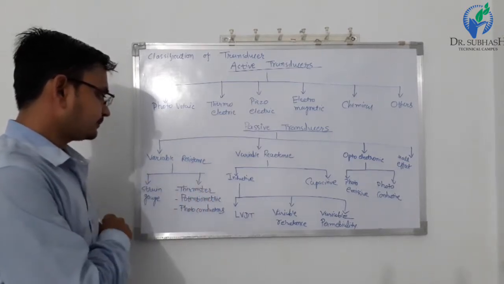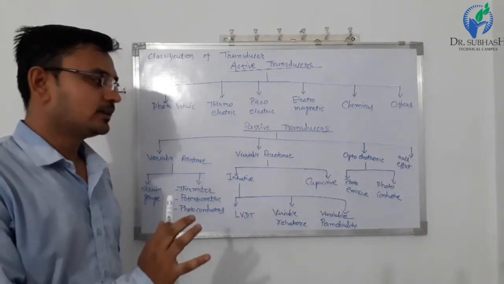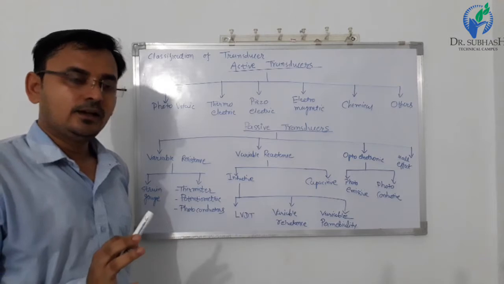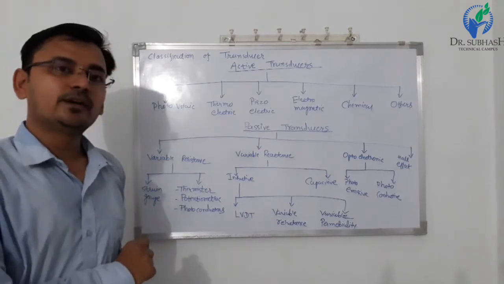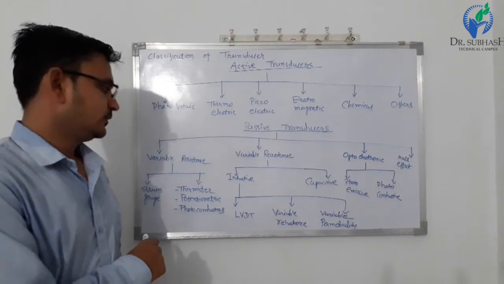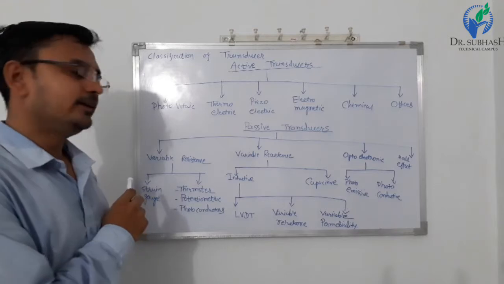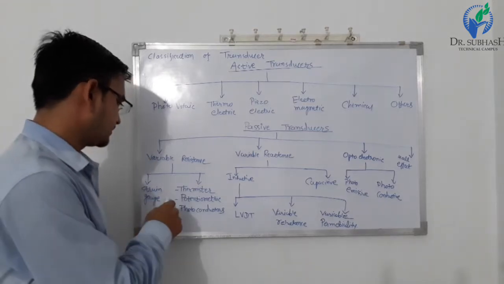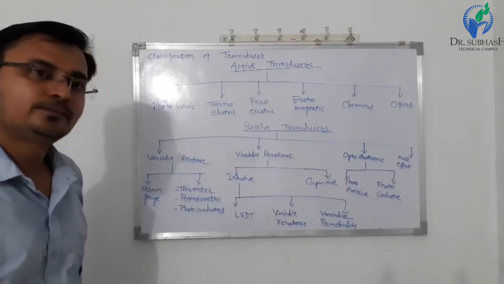Another one is the thermistor. Thermistor means a thermal resistor, and it is used for measurement of temperature. This one we can also see in detail in subsequent chapters. Then the potentiometric transducer.